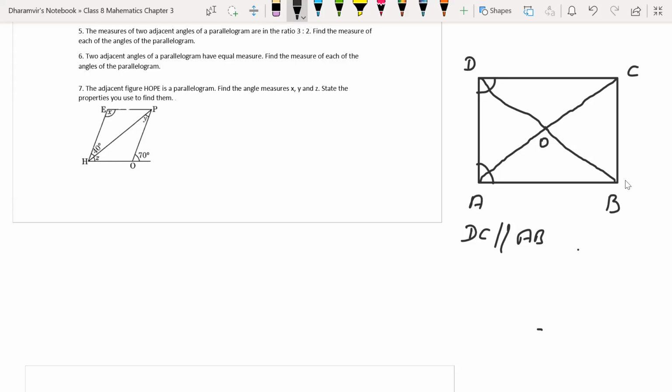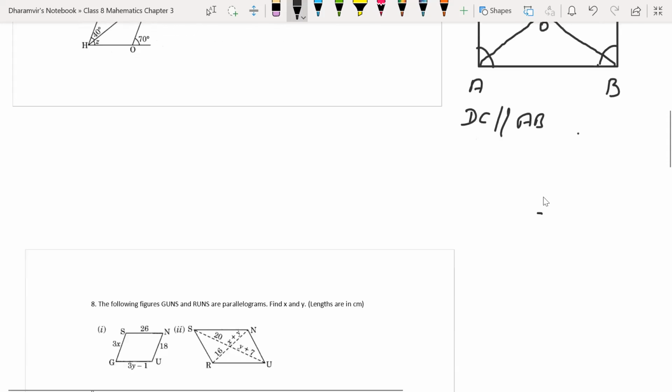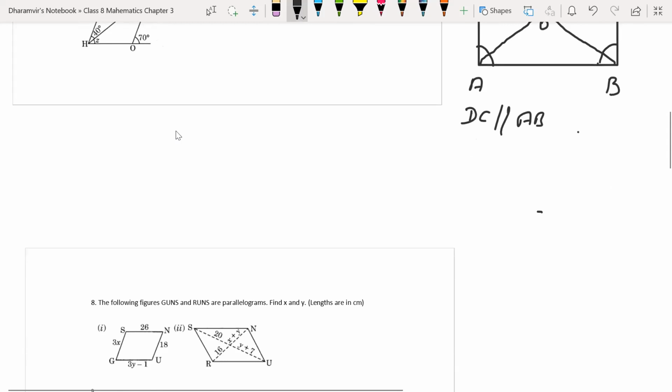Angle A and angle B are also supplementary. AD is parallel to BC, and it has interior angles A and B. So the sum of adjacent angles is 180 degrees.